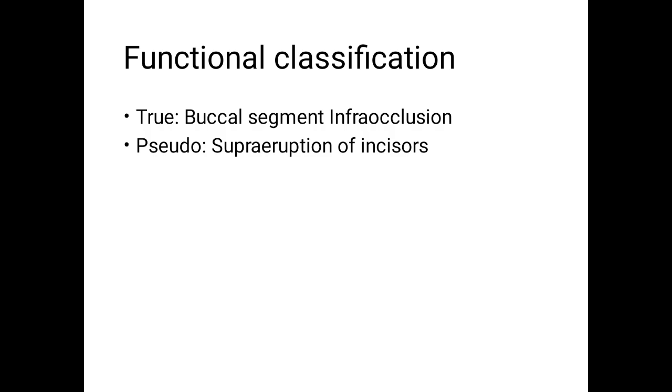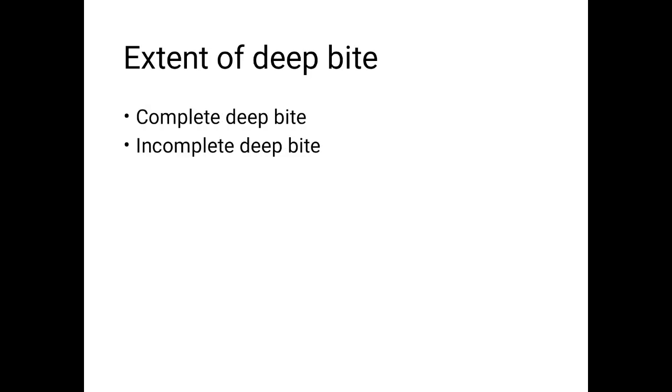Then the extent of the deep bite: sometimes you can have a complete deep bite or an incomplete deep bite. A complete deep bite is total covering of the lower incisors. You don't actually see them. A patient looks like they've swallowed their mandibular incisors. They almost look like they don't have any lower teeth.